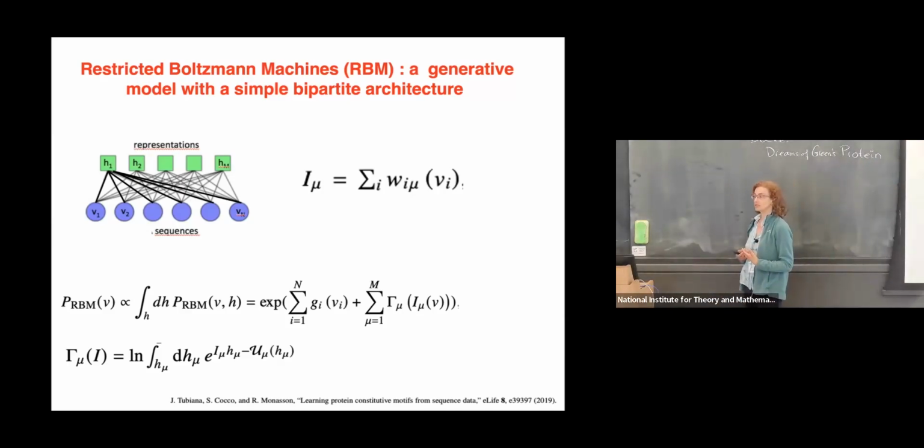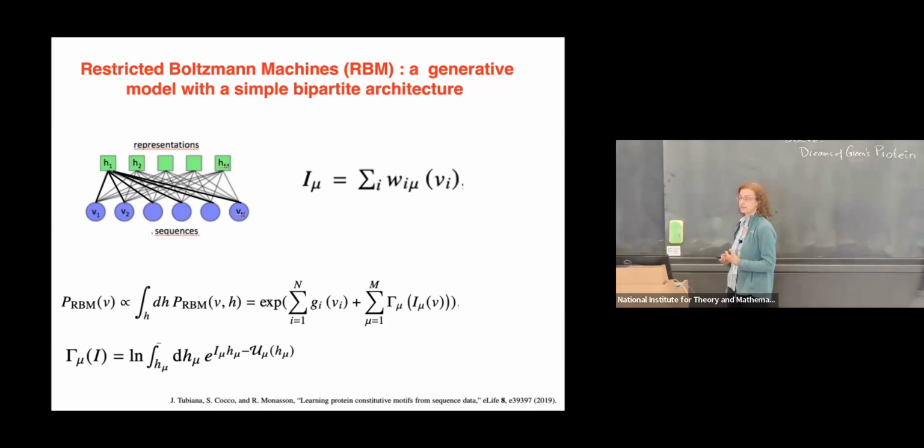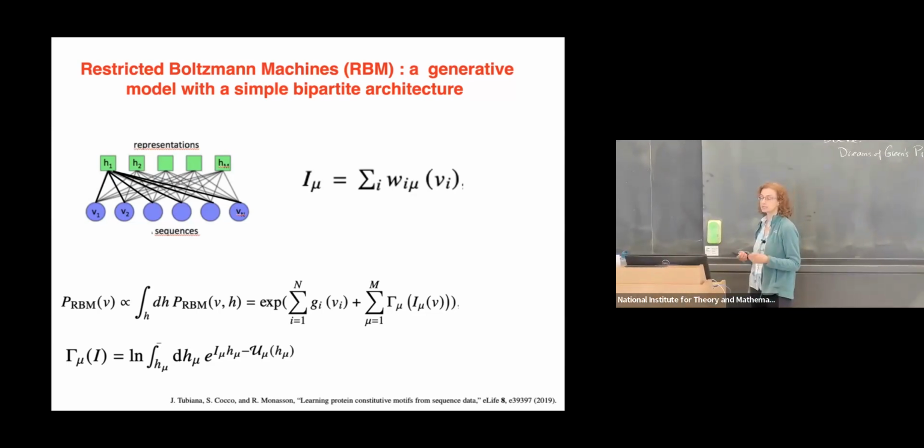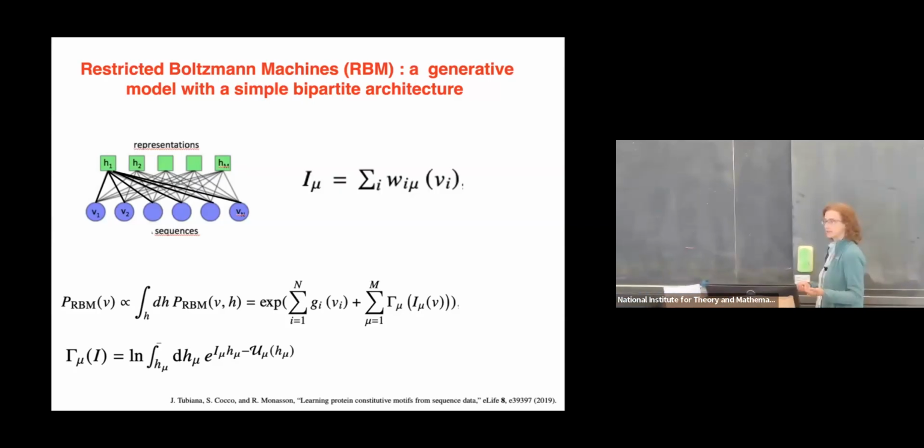So this is just to say that this machine seems very simple, but it's quite expressive thanks to this flexibility in adjusting the potential. So it's not a Gaussian network.